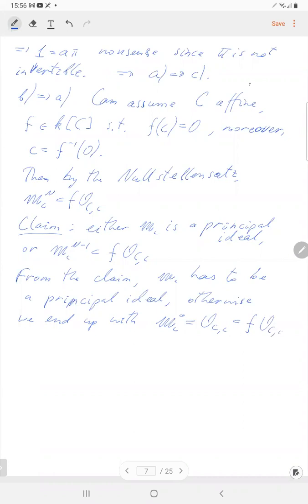And that's nonsense. So the maximal ideal must be principal. And it means that the quotient modulo square has dimension 1, and means that C is smooth. Okay, so that's what I wanted to prove. So it remains to prove the claim.